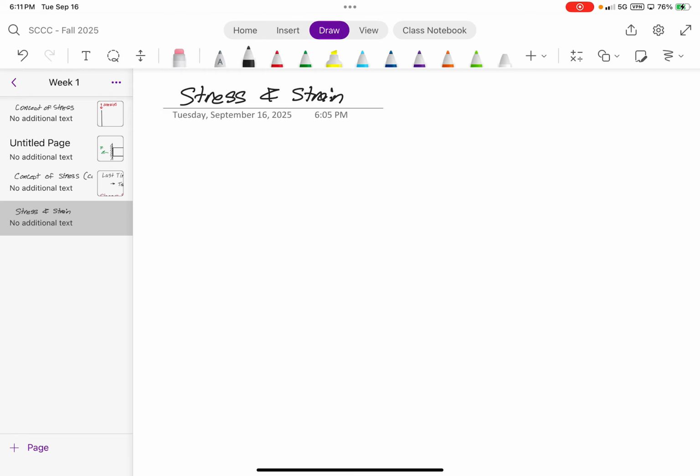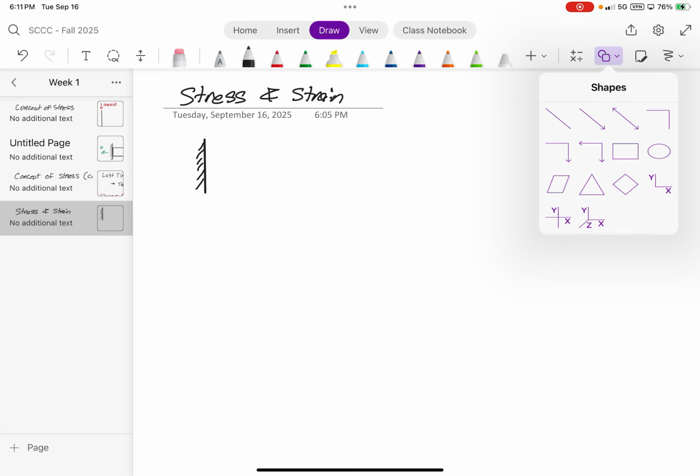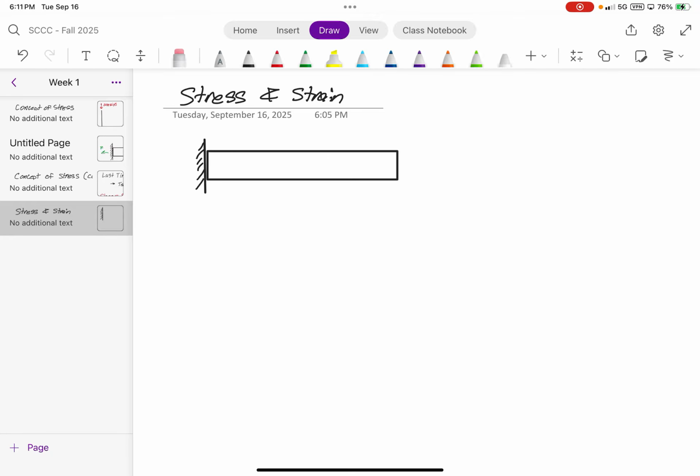So, let's just start off by simply considering a basic bar. Right, this bar is subjected to some force. We're just going to call it F. We don't know what it is. It could be anything. Now, we learned last lecture how to determine the stress within the bar.